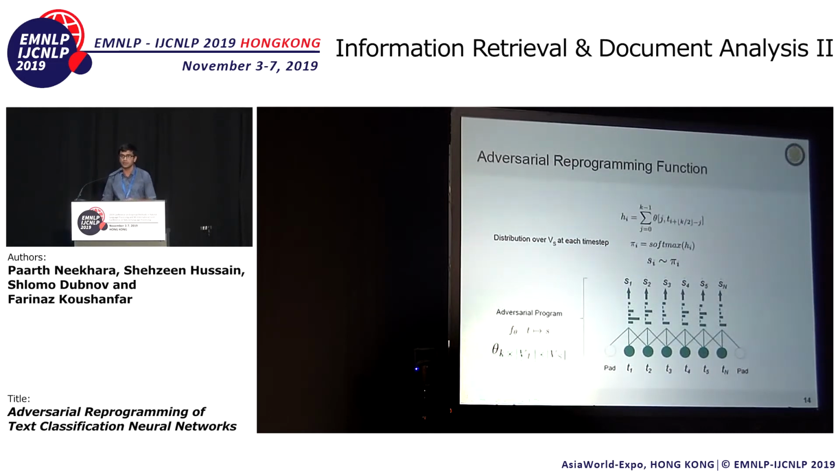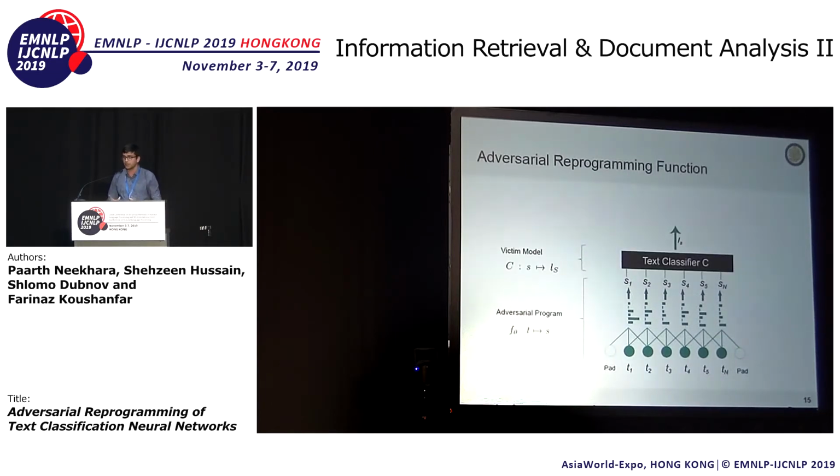This is implemented by a single 1D convolution layer with filter width equal to the context size. When the attacker is actually attacking using this, you can implement it simply as a lookup table, where you're looking at a set of K tokens and then predicting a token from your original vocabulary.